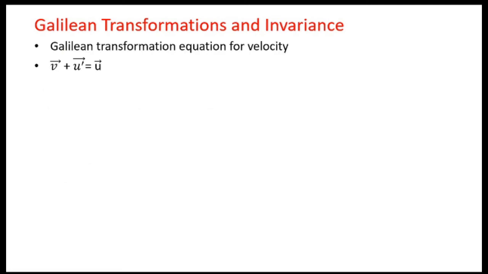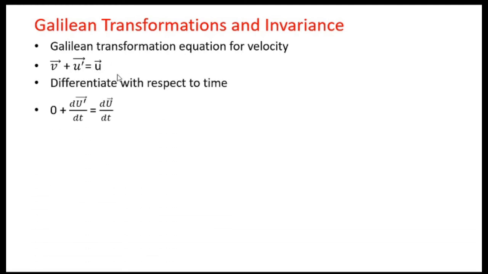Now the Galilean transformation for velocity is v plus u' is equal to u. v was the constant velocity with which the frame S' moved with respect to frame S along the x-axis. u' is the velocity of the particle in the S' frame and u is the velocity of the particle in the S frame.